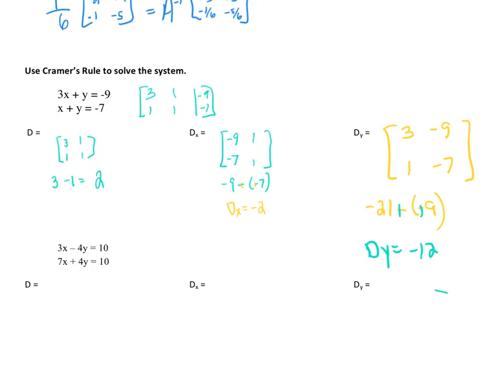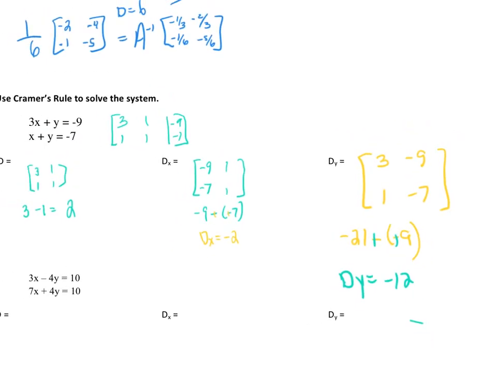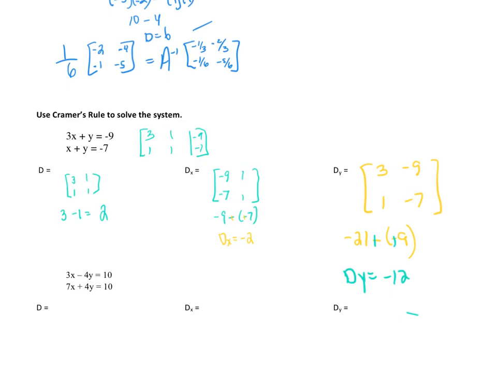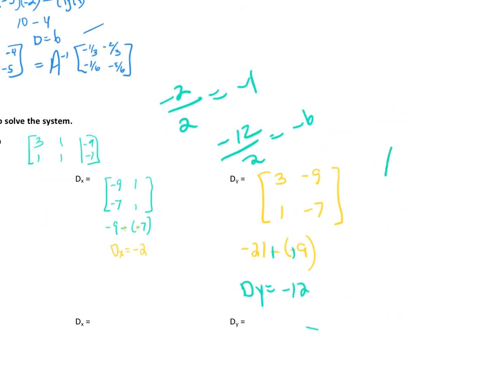So to find my x and y values, I'm going to take D sub x, which is negative 2, and divide it by my determinant, which is 2, so x equals negative 1. And then I'm going to take D sub y, which is negative 12, and divide it by 2, and I get negative 6. My ordered pair would be negative 1, negative 6.